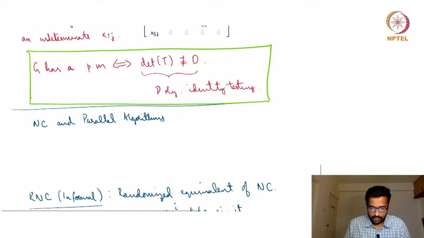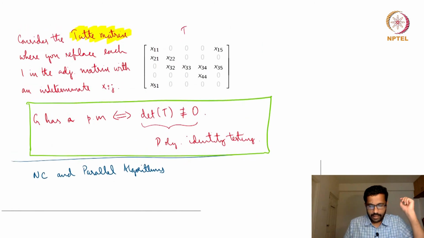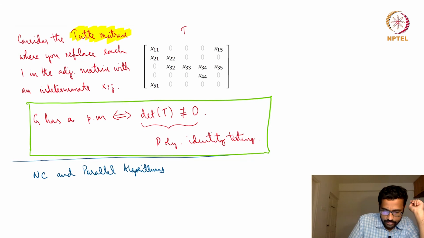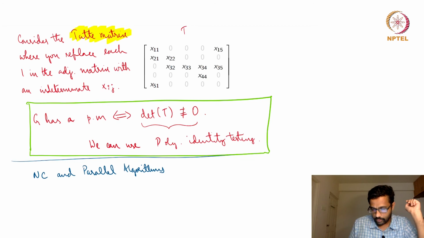So that is the algorithm. The graph has a perfect matching if and only if the polynomial is not identically 0.